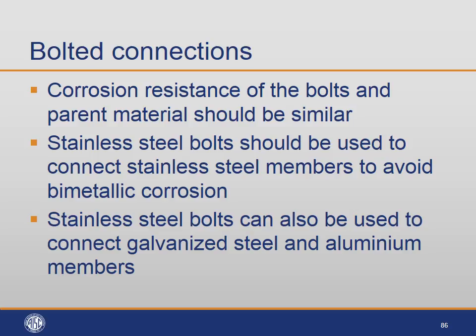So what I mean by that is, if you're joining a 304 plate to a 316 plate, 316 is more corrosion resistant, so your bolt should have a corrosion resistance equivalent to a 316 grade of stainless steel.